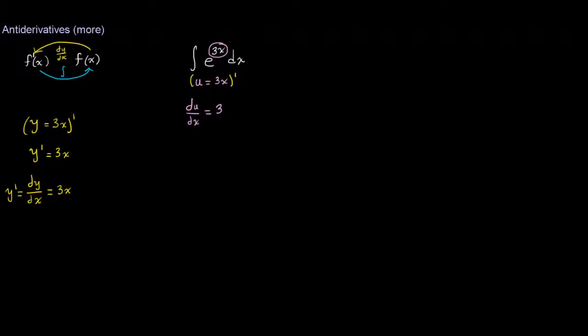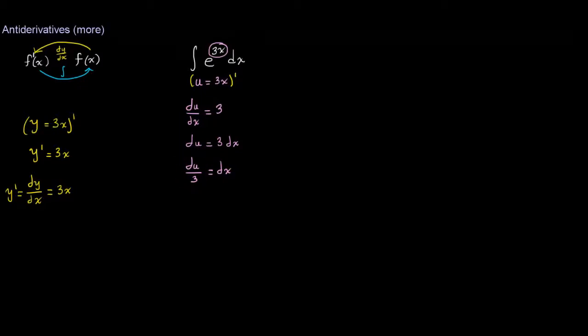If I multiply both sides of the equation by dx, we get du equal to 3 times dx. Now I'm going to divide both sides of the equation by 3. So du over 3 is equal to dx. Now we know this 3 times x is going to be u, and this dx is going to be du over 3.